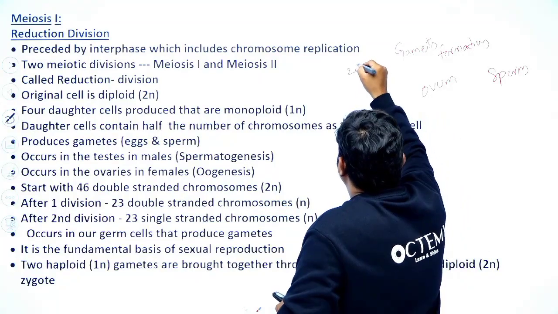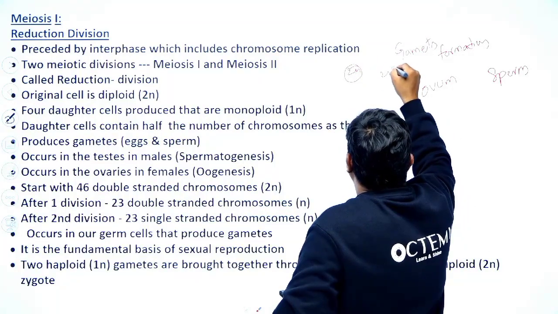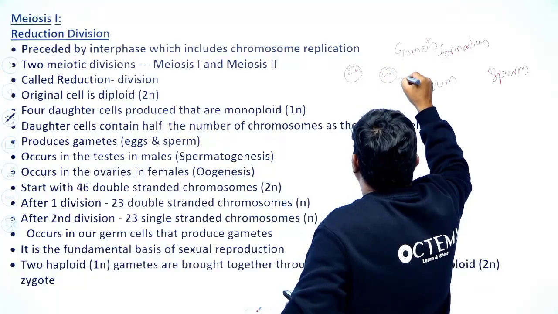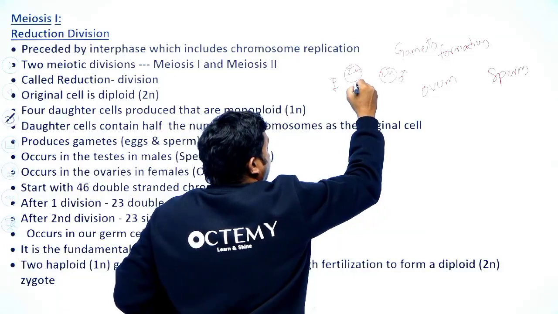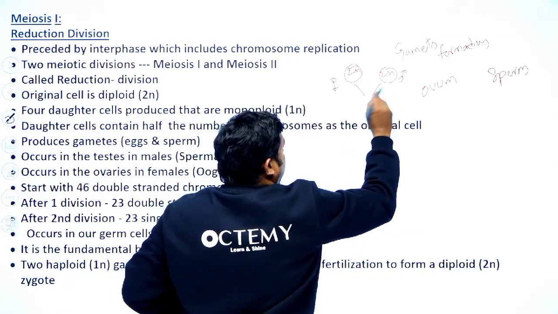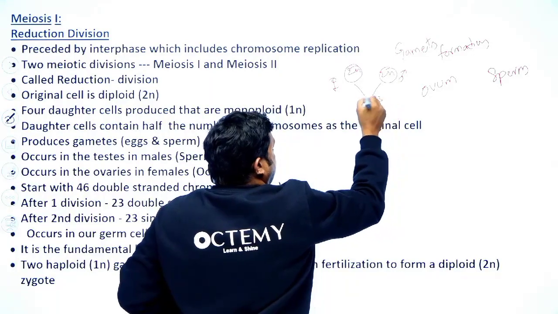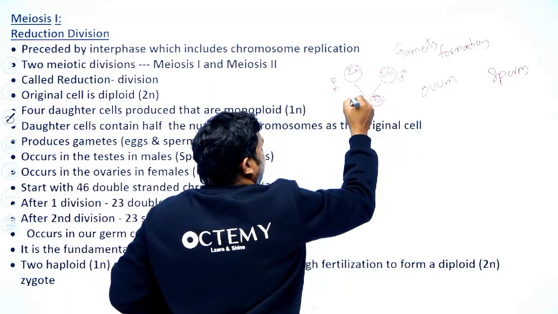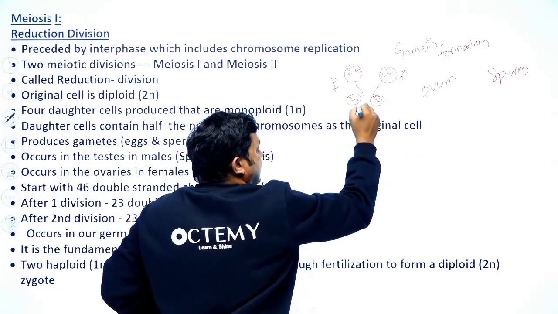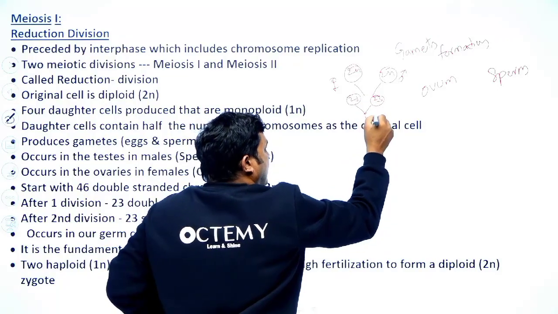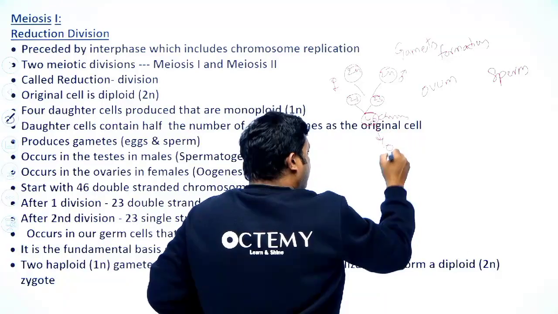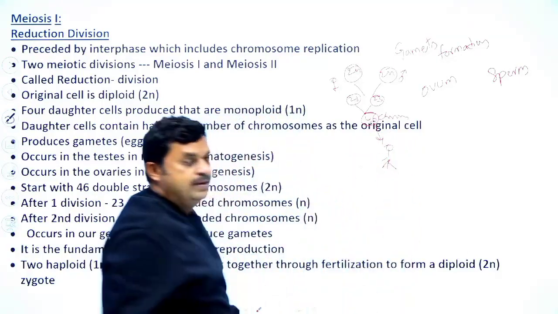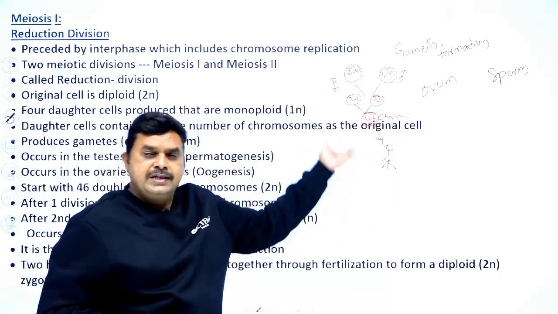Suppose 2n male, 2n female. The gamete from the male has 23, the gamete from the female has 23. These two are merged and form the cell containing 46 chromosomes. That cell develops into the organism, in the case of humans, in the case of plants.